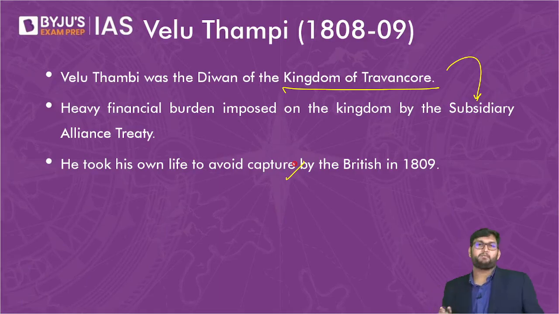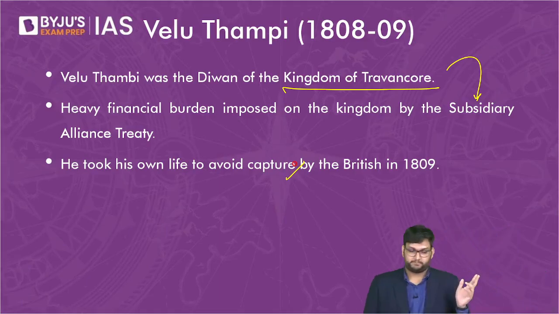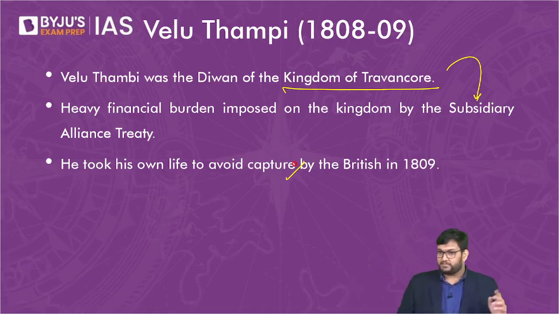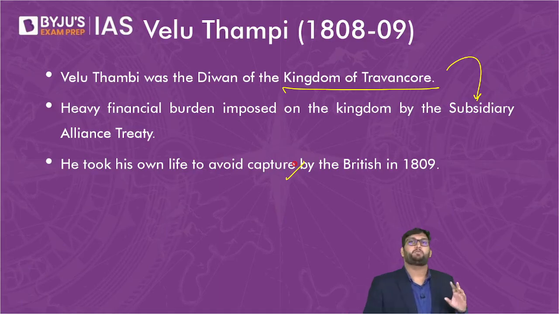And Velu Thampi gives a very important concept of how subsidiary alliance works. If you remember, some of you asked me, wasn't there resistance to subsidiary alliance? Some of you asked me, sir, why is it that people can't rebel against subsidiary alliance? This is the problem within this concept of subsidiary alliance. If you go into subsidiary alliance, you lose your army, and the Diwan of the Kingdom of Travancore actually realized this once he saw that they were bankrupting the Travancore state itself.